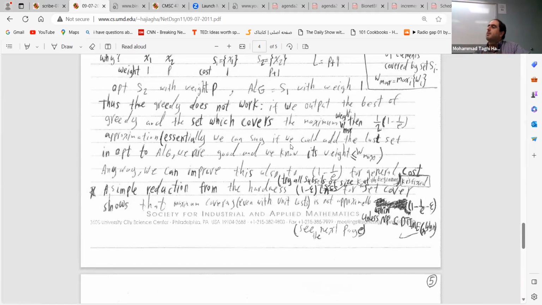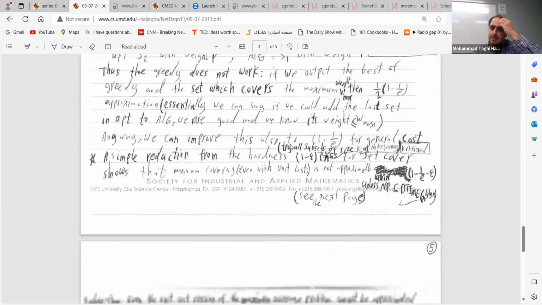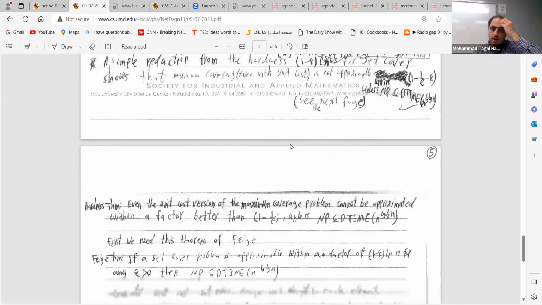First, we mentioned this for the unweighted case, like where all the costs are the same. And then we said that actually you can get 1/2 times that using this greedy algorithm, where you take k sets instead of 1 set, fix the k best sets, and then run the greedy. Then you can actually get 1 minus 1 over e. The question is, can we get better than that? And this is actually a simple algorithm that we are doing here.